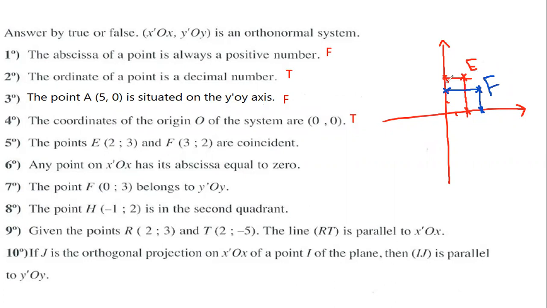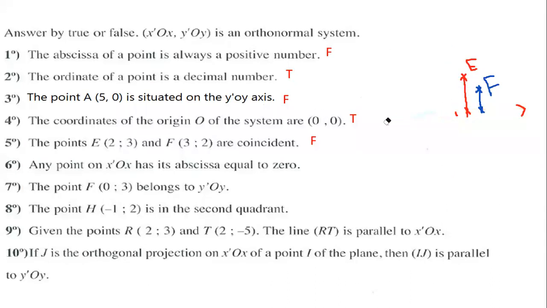No. So, Razan, true or false? False, of course. They are not coincident. I showed you why they are not coincident, because they are not on the same point. Okay?